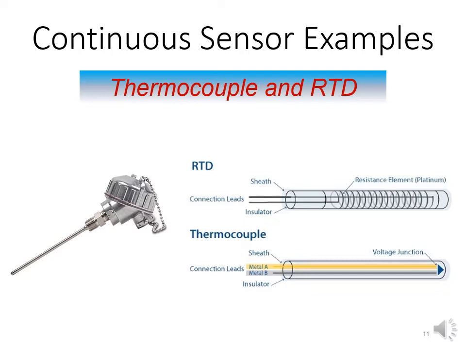Signals outside the range 4 to 20 milliamps will indicate some problem or some error in the measuring circuit. The controller or the receiving unit can be configured to tell the user that there is a problem whenever a signal outside the range 4 to 20 milliamps is received from the sensor.